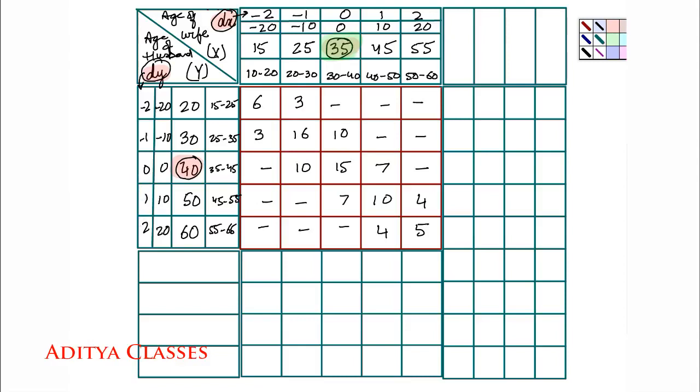Okay. Now, first hurdle crossed. I could not work on these values directly, so I went ahead and found the values of dx and dy, which I can work with.